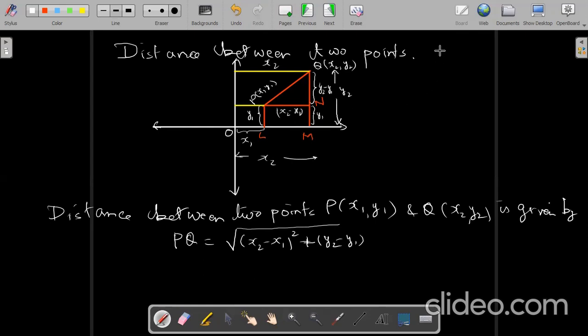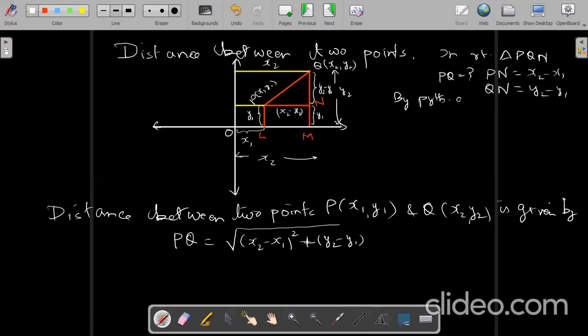That means in right triangle PQN, we have to find PQ. We got the distance PN as x2 minus x1, and QN is y2 minus y1.